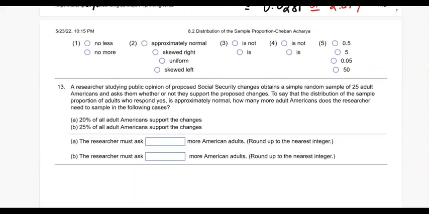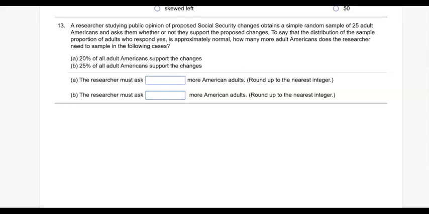All right, Question 13. A researcher studying public opinion of proposed Social Security changes obtained a simple random sample of 25 adult Americans, and asks whether they support or do not support the changes in Social Security.